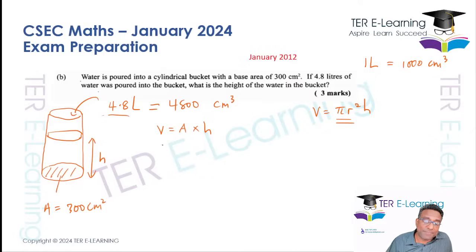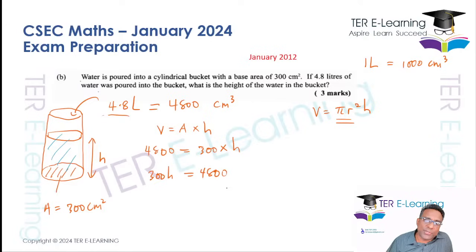That is 300. So the volume, which is 4800, is equal to 300, that's the base area, multiplied by the height. So all we're doing here is this represents the water inside the container. If I want to work out h, I can write this as 300h is equal to 4800.